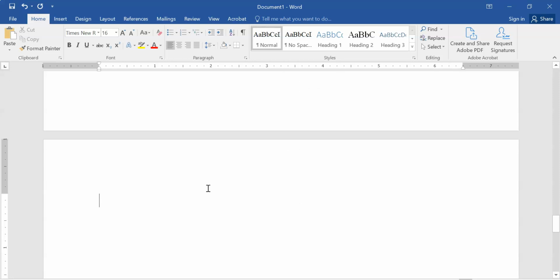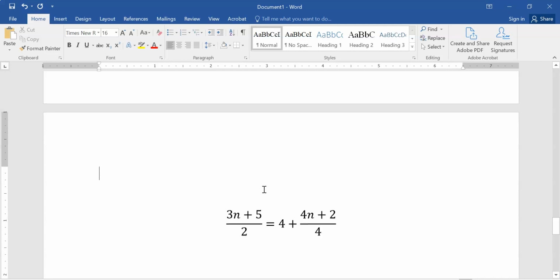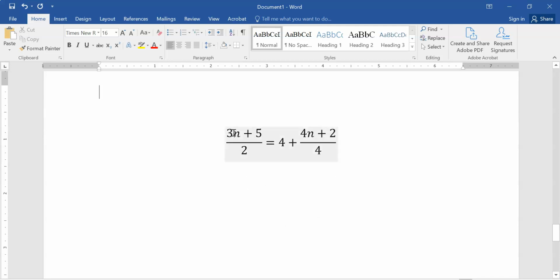Now, one other twist that you could end up with is one like this: 3n plus 5 over 2 equals 4 plus 4n plus 2 over 4, where you see that a fraction has a numerator which has multiple pieces in it. You see that here and here.